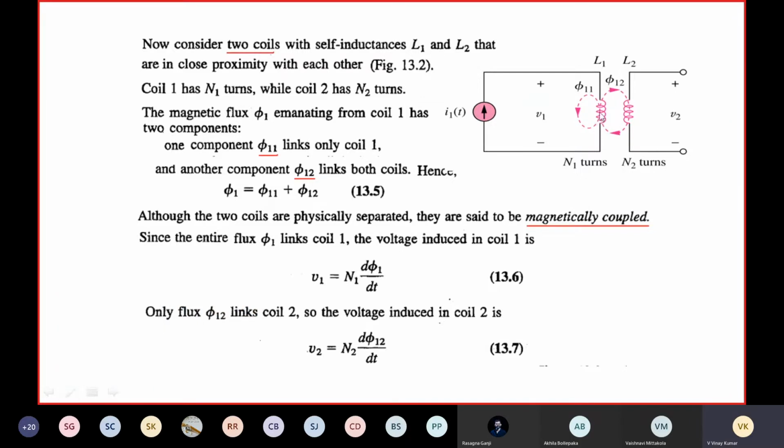There is a magnetic connection between these two coils. These two coils are said to be magnetically coupled. They are separated physically but coupled magnetically.